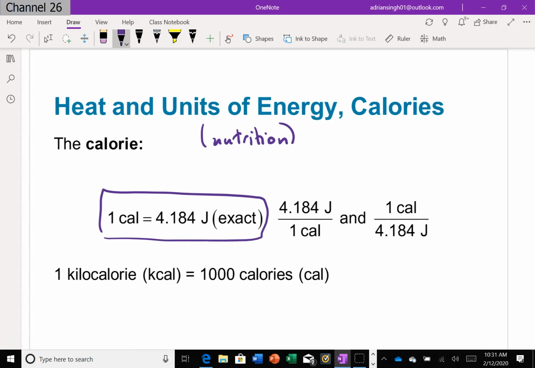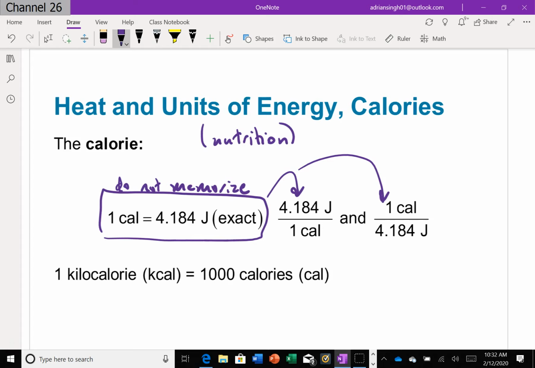So 1 calorie is just over 4 joules. That's an exact relationship. You do not need to memorize this. If you need it, you're going to be provided with it. That's an equality. We can use it to come up with our 2 conversion factors, just like we would with any equality.